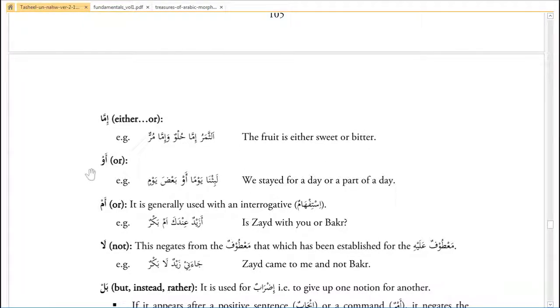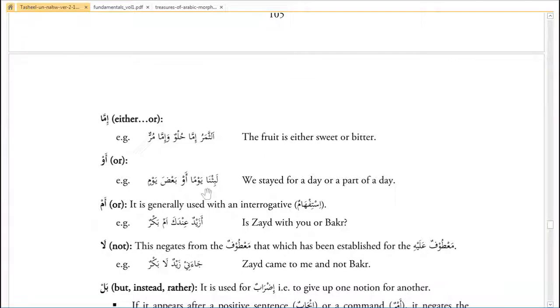And another one is aw. Aw is used for or, just for or. The imma was either or, and aw is just or. For example, لبثنا يوما أو بعض يوم.